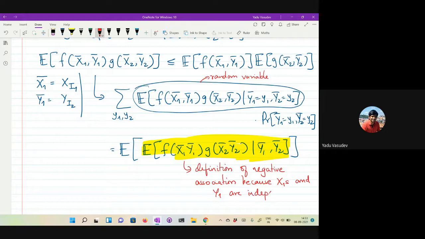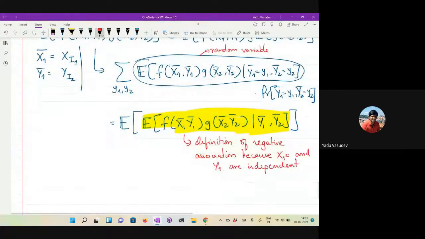Similarly, x2 and y2. So if you just work it out, expand it out and write it, then you will notice that you can write it this way. And then simplifying sufficiently, you will basically come to this equality.